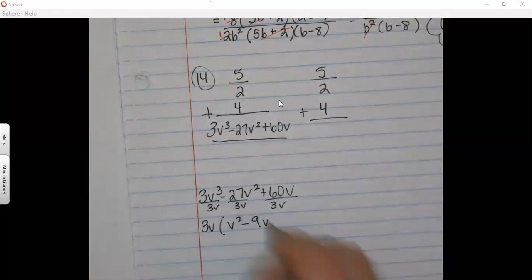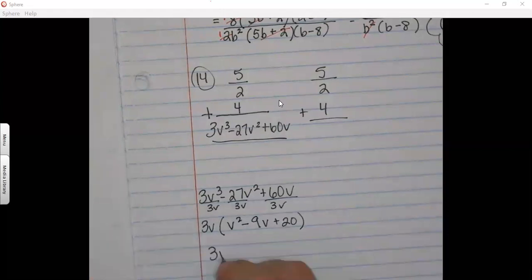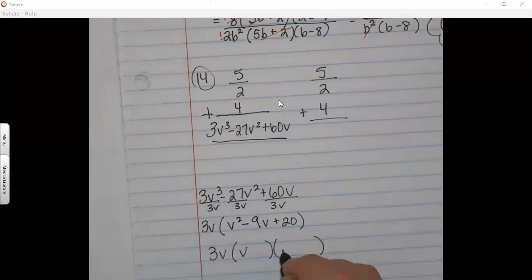So I need two numbers that multiply together to give me positive 20 and add to give me negative 9. Negative 5 times negative 4? Negative 5 times negative 4 is positive 20, and negative 5 plus negative 4 is negative 9. That works. A is 1, so we don't need to divide and slide, right? Perfect.